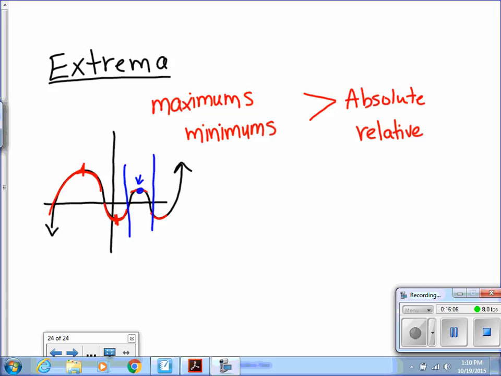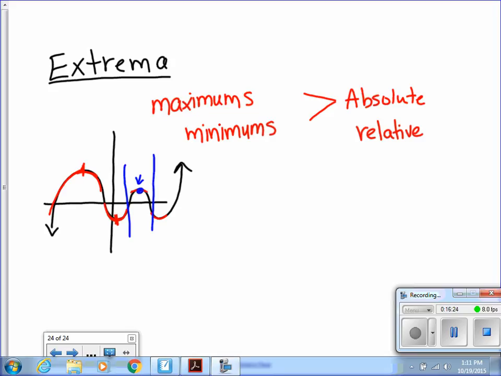So this is a relative maximum, not the absolute maximum. Some people call these local maximums or local minimums, and you'll hear it interchangeably.